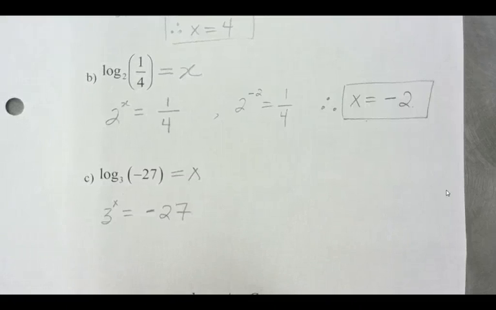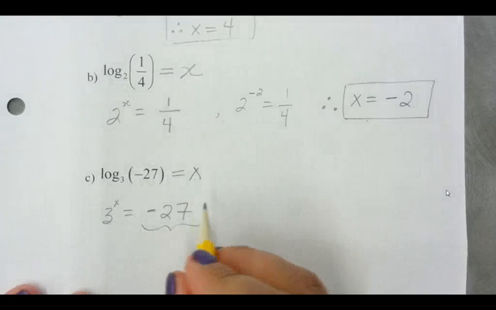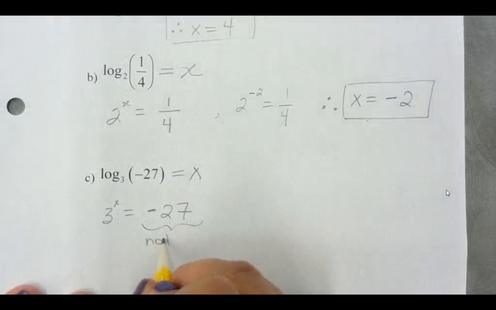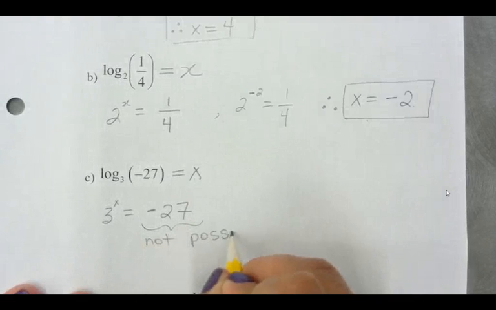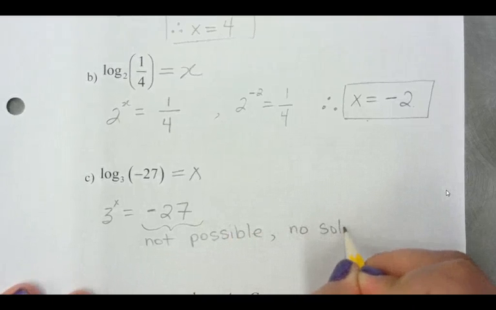Now, what if I had a negative exponent? What is that going to do? It's going to be 1 over 27. Is there any way that I could get a negative number out of there? No. Because it's negative, it's not possible. So there's no solution.